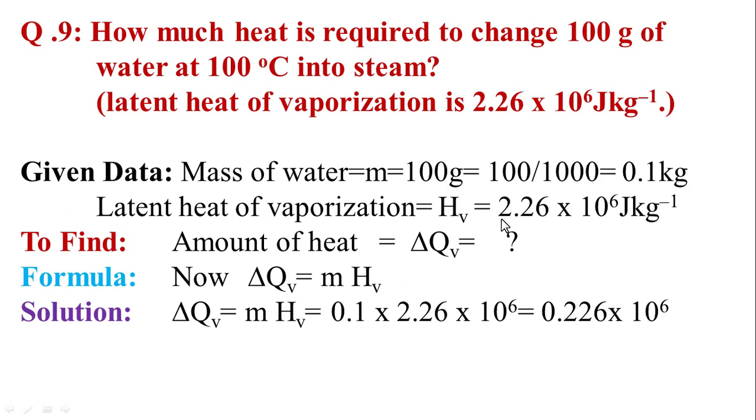Then it will be equal to 0.226 multiplied by 10 raised to power 6. Now writing in scientific notation, delta Qv is equal to 2.26 multiplied by 10 raised to power 5 joule.